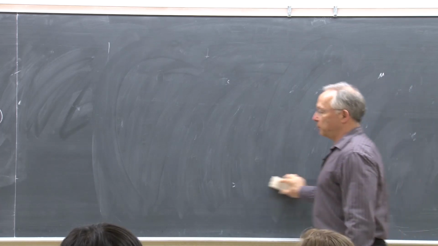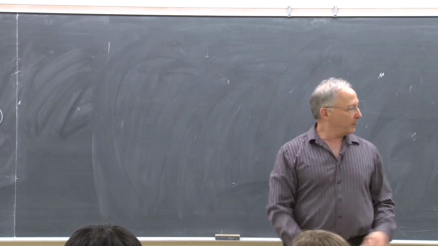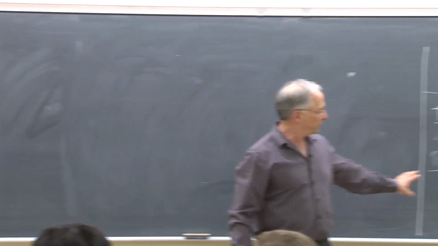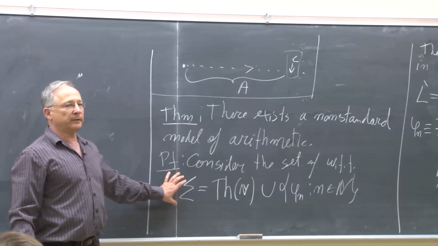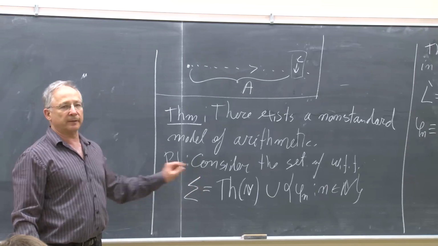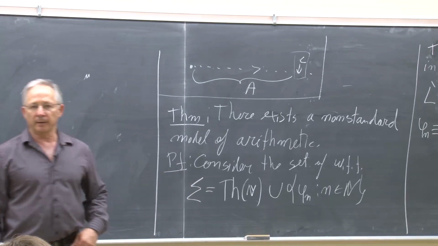So recall, what does the compactness theorem tell us? That if I want to show that some set of formulas is satisfiable, it suffices to show that every finite subset is satisfiable.